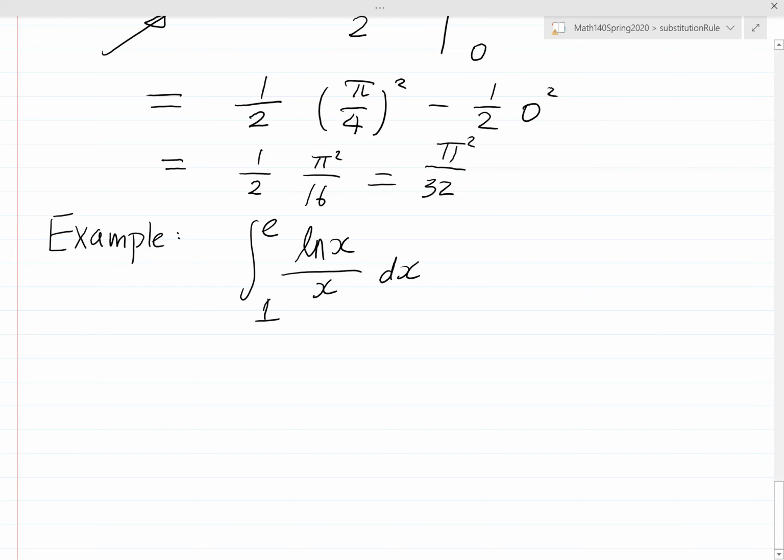So we try letting u be ln x, and see how we substitute the differential.